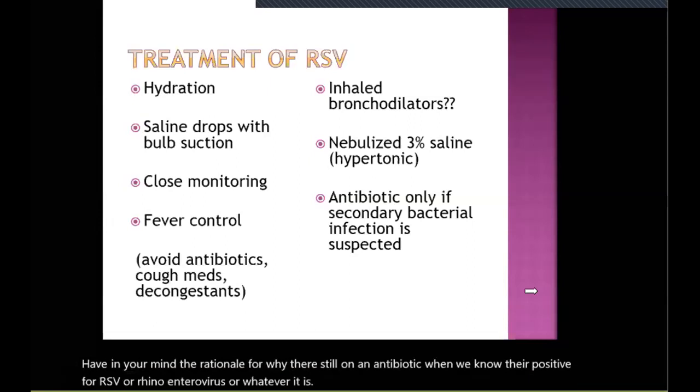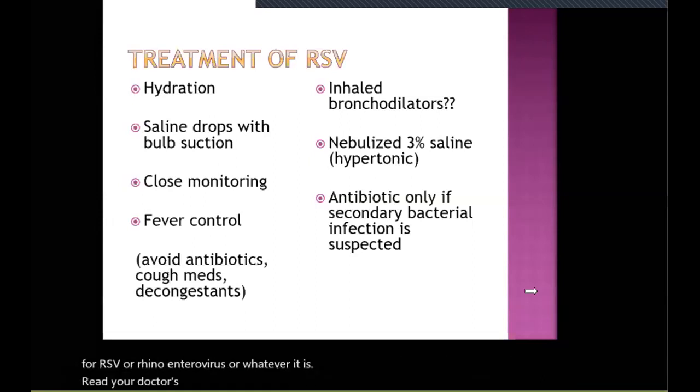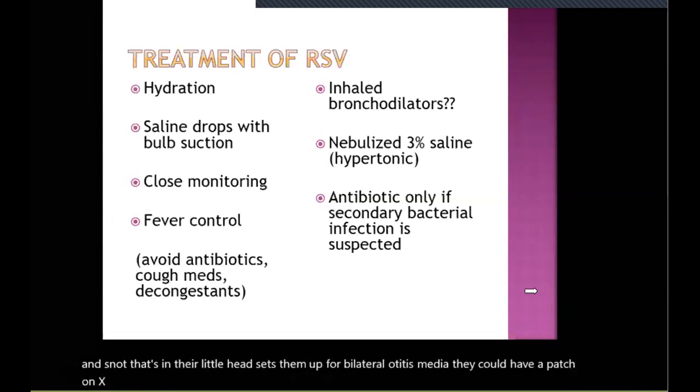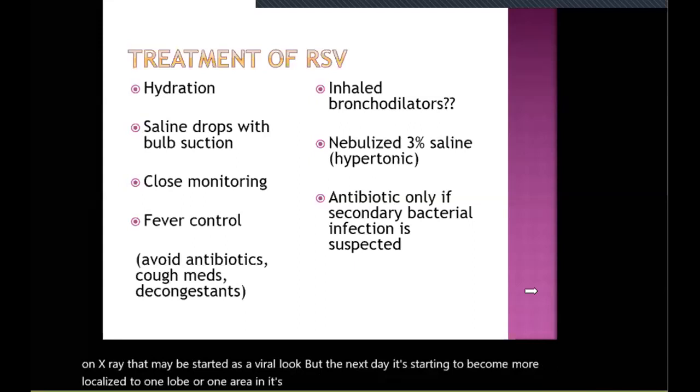Read your doctor's notes. Did they have red, inflamed tympanic membranes? All of that mucus and snot that's in their little heads sets them up for bilateral otitis media. They could have a patch on x-ray that maybe started as a viral look, but the next day it's starting to become more localized to one lobe or one area, and it's questionable whether we might have a secondary bacterial pneumonia going on.